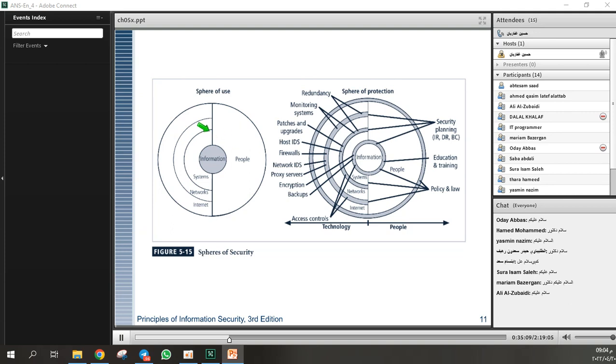It means that if you have the best technology, best policies, everything, if you are number one in the whole related technologies related to security, it's not important. Maybe a weak person could break it. Where is it?